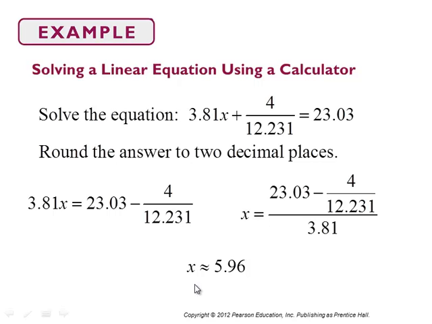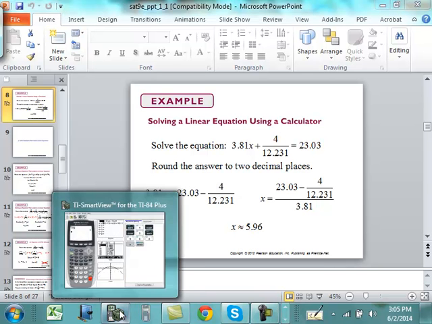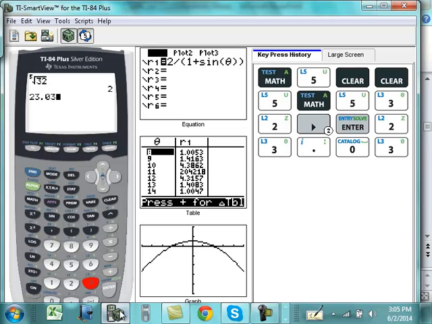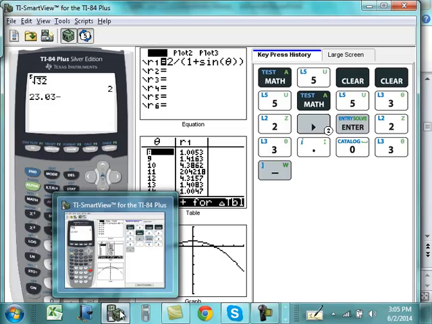Okay? Why don't you try this on your calculator right now to verify that you get the same thing? Let's try that. I've brought my calculator with me, so we're going to take 23.03 minus 4 over 12.231.